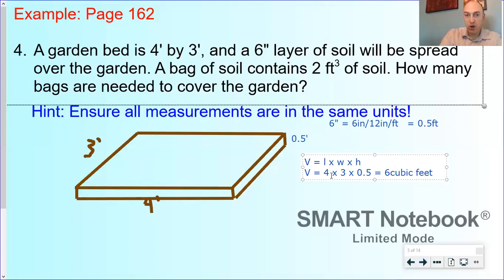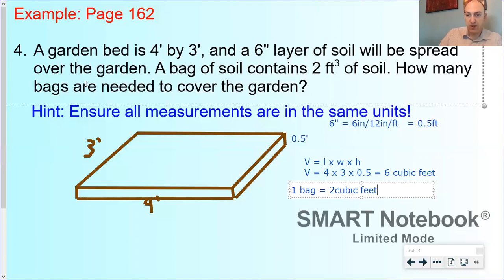And a bag of soil contains 2 cubic feet of soil. I need 6 cubic feet of soil. So how many bags am I going to need? Well, I've got 6 cubic feet up here, and essentially this is a conversion factor, right? How much one bag is equal to.